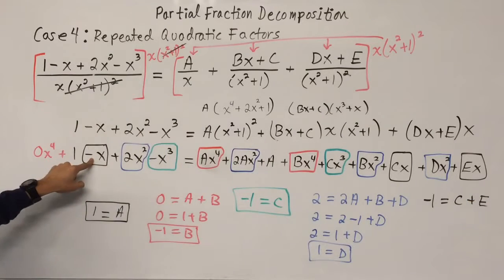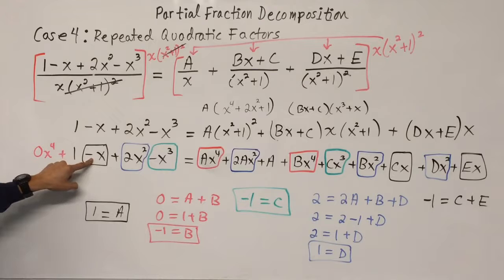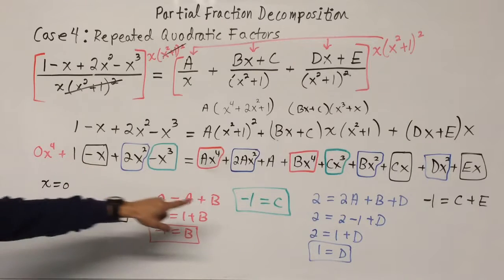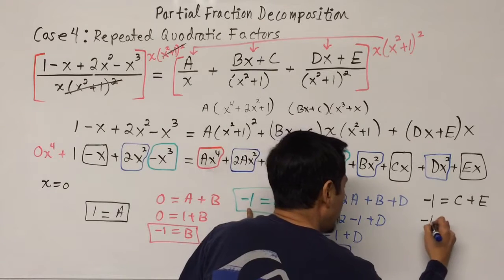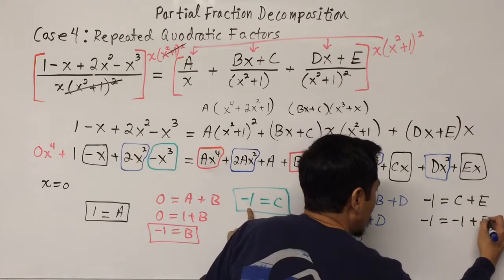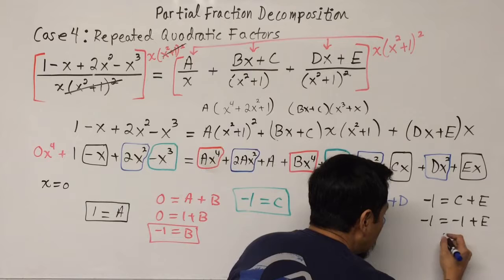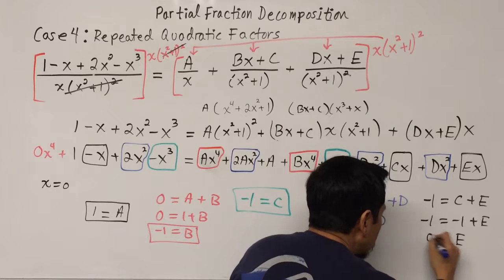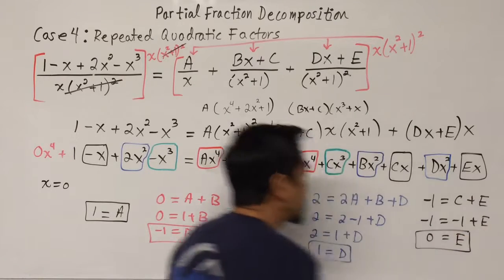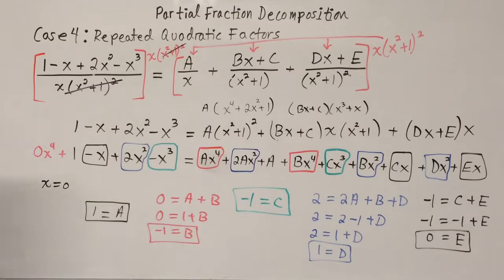Okay. But we already know that c is -1, which tells me that if I add 1 to both sides, e is 0. Okay, so the variable e is 0. It's going to drop off.